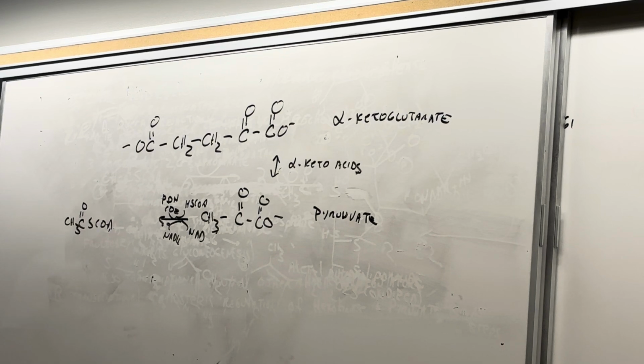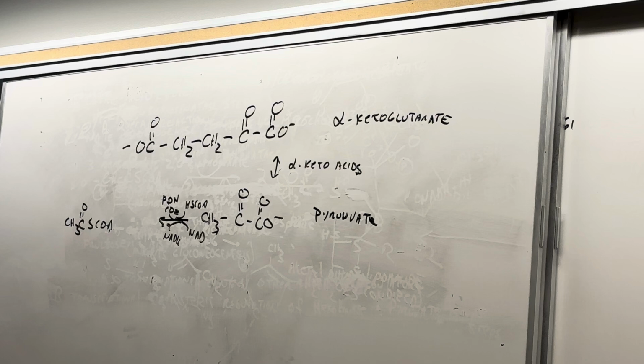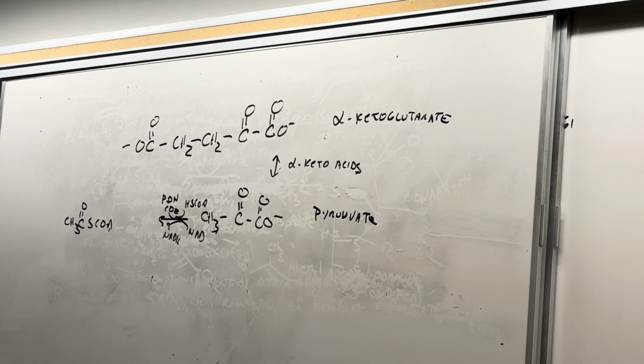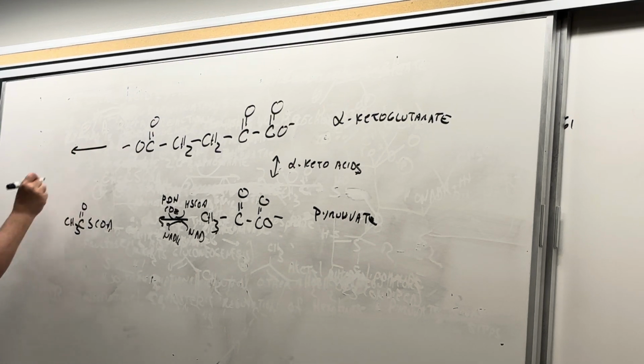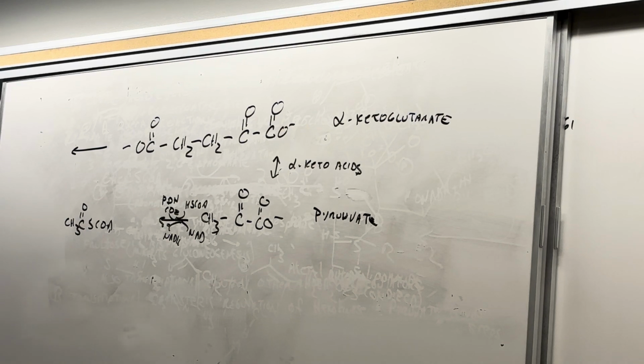So basically, this next step in the citric acid cycle is a very analogous reaction to the pyruvate dehydrogenase reaction. Except it's known as alpha ketoglutarate dehydrogenase, and it does the same kind of thing. It has the E1, E2, E3, and all those different cofactors, a great big complex.